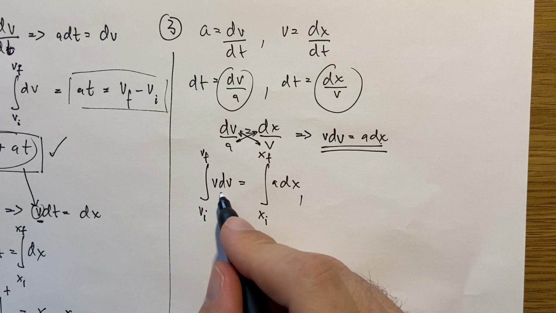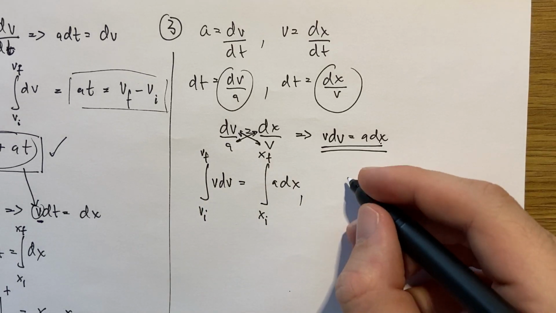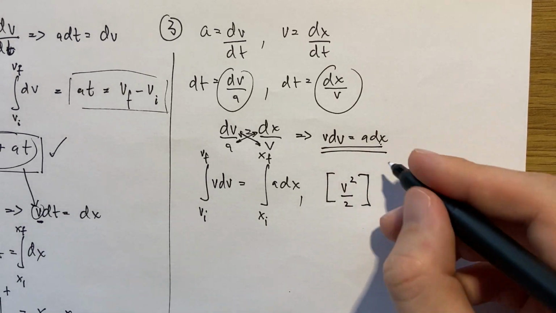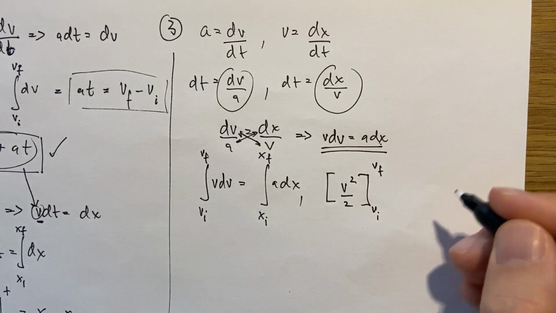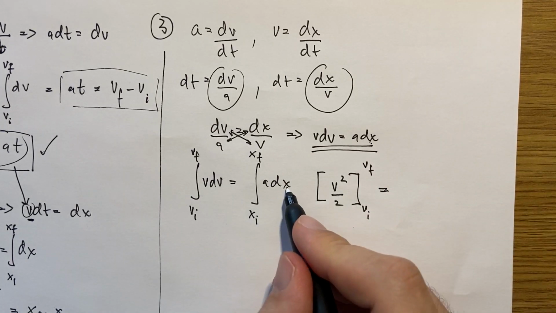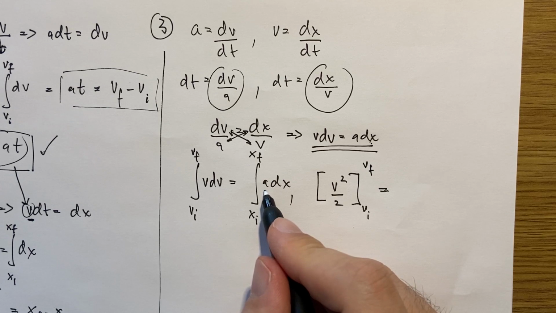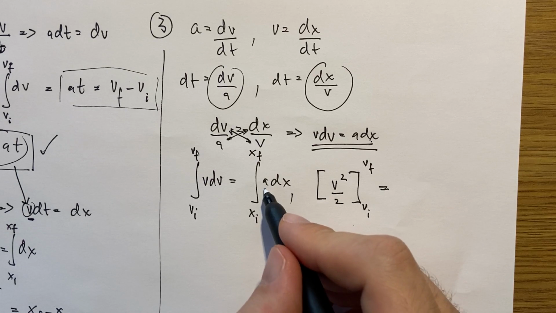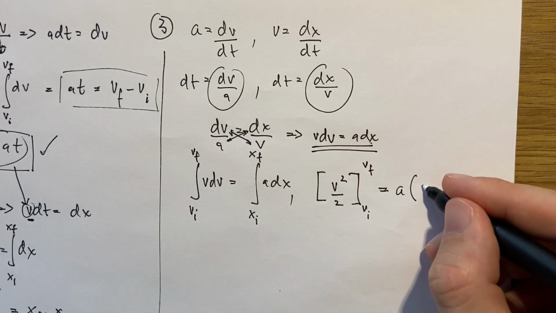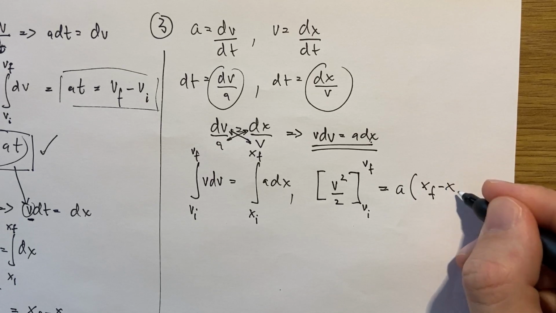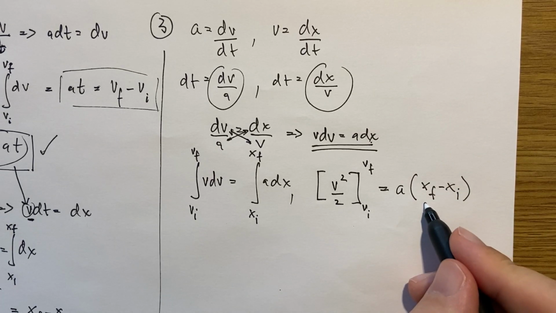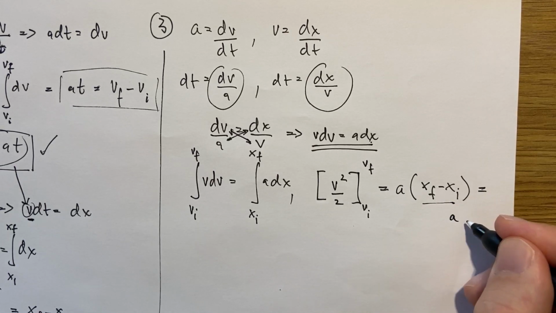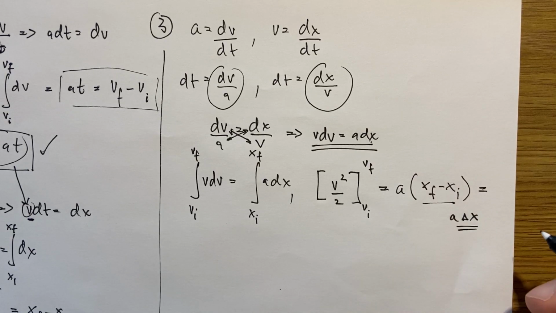And the primitive function of this one right here would of course be v squared over 2, from vi to vf. And since we don't have an x term here associated with the a, this expression would just be the difference between the upper and the lower limit multiplied by a. But remember once again that this term is just the displacement, just delta x, so we can write this as a times delta x.